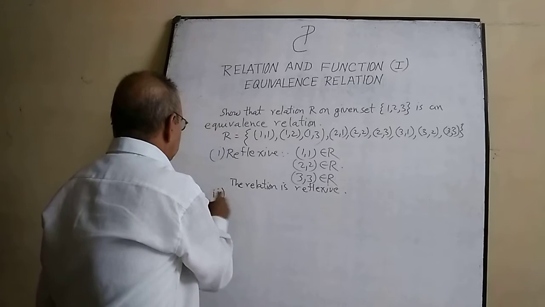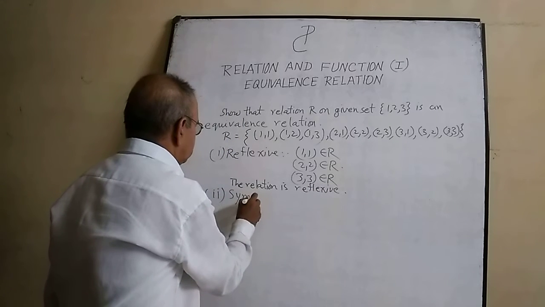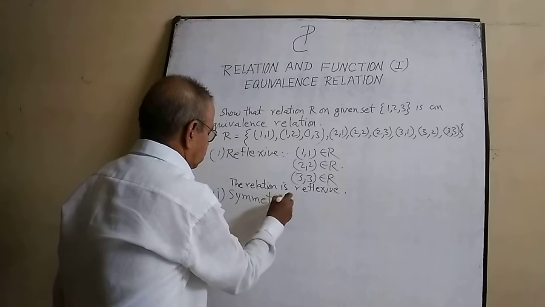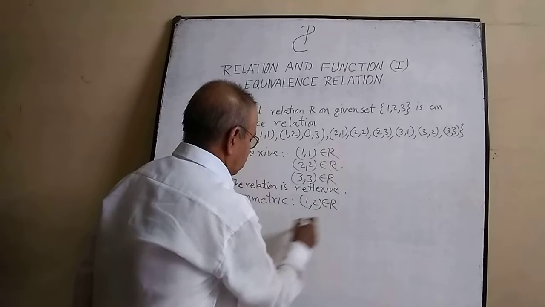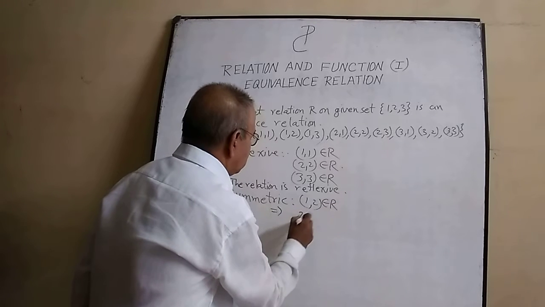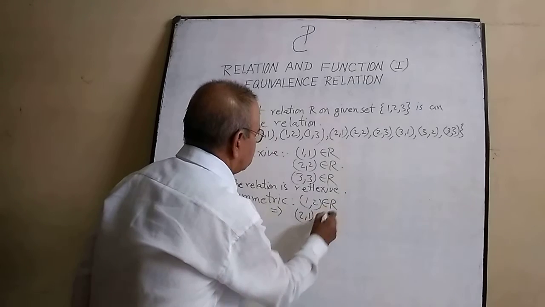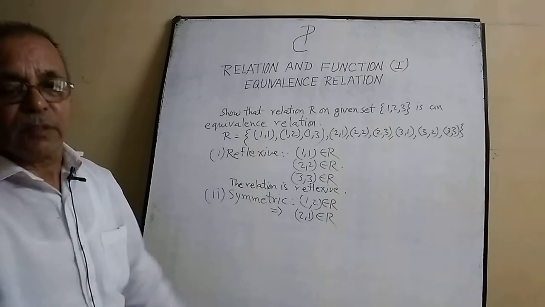Now the second case, that is symmetric. (1,2) belongs to R implies that (2,1) belongs to R. This is the case of symmetry.